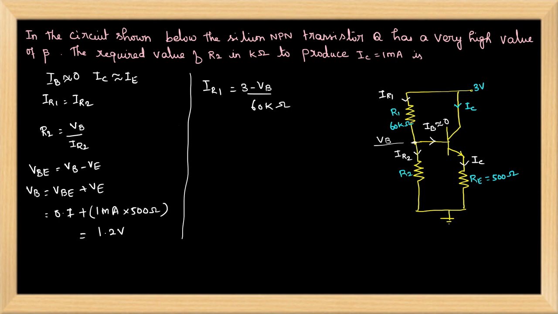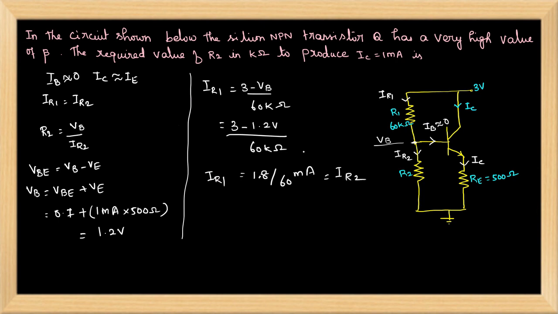Okay, we had already found the value of VB. Now substitute it here. 3 minus 1.2 volt divided by 60 kilo ohm. Then IR1 will be equal to 1.8 divided by 60 milliamps, which is equal to IR2.